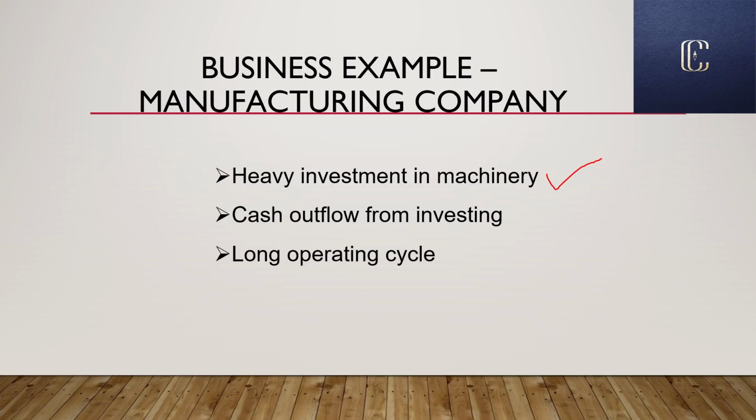Cash flow from investing activities: at the beginning of operations, cash goes out for purchase of machinery, or for factory setup, or for equipment installation, or for technology purchase, or all the above.